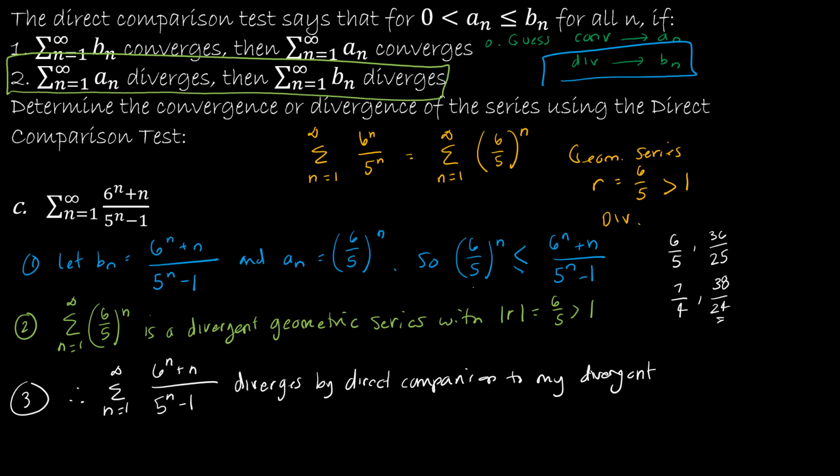See, I've been doing way too many p-series questions. My divergent geometric series, the summation as n goes from 1 to infinity of 6/5 to the nth. Coming up next, we're going to take a look at another comparison test, which is the limit comparison test.